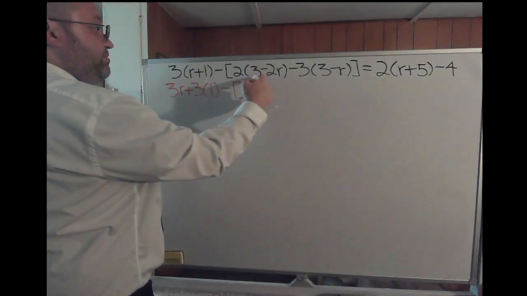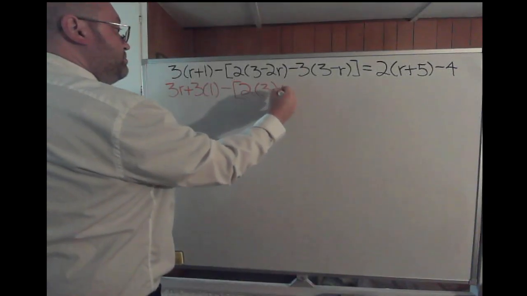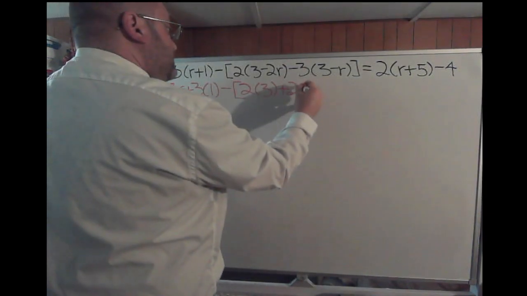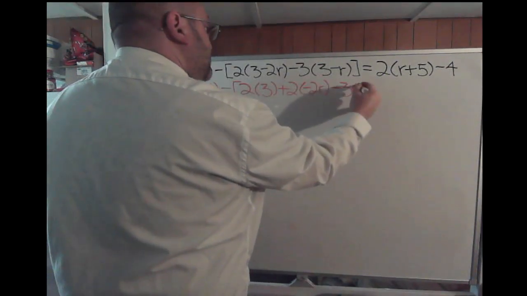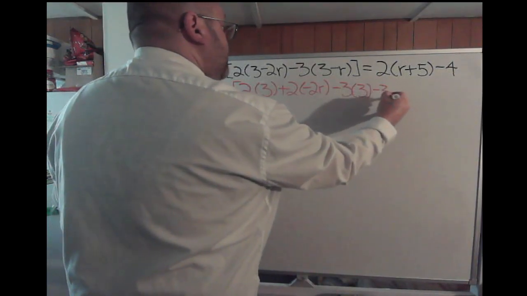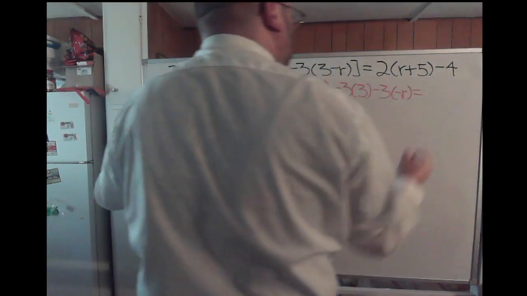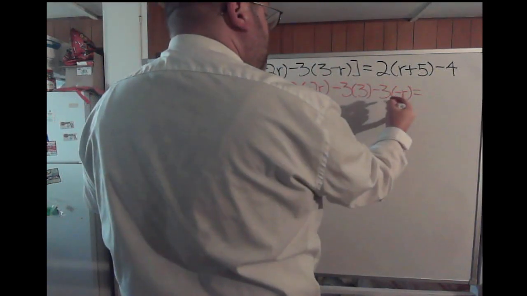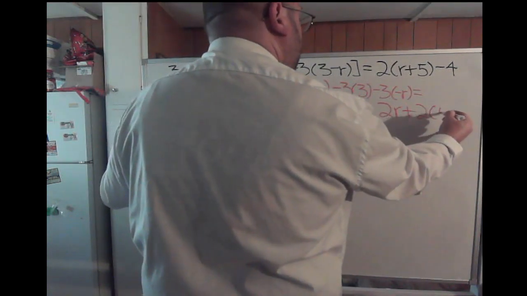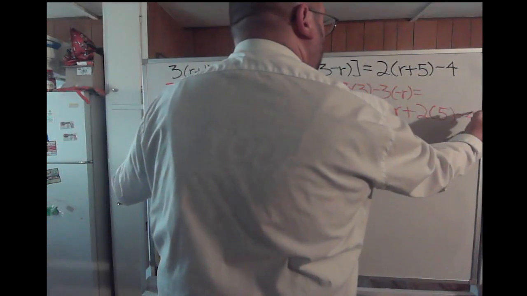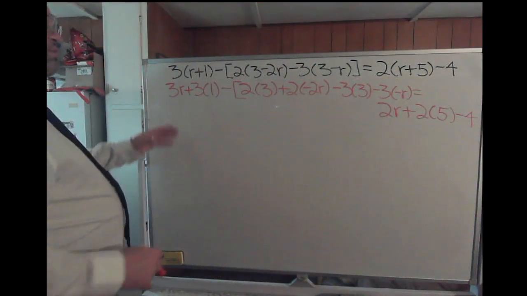Do your distributive property inside the bracket, so you'll have 2 times 3 plus 2 times negative 2r, minus 3 times 3 minus 3 times negative r, is going to be equal to 2r plus 2 times 5 minus 4. Yeah, this got to be quite a long one, didn't it? That's okay, we'll get through it.